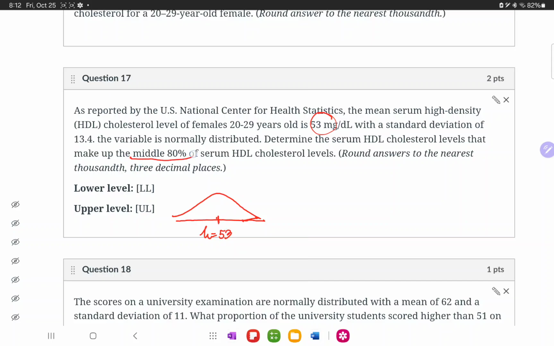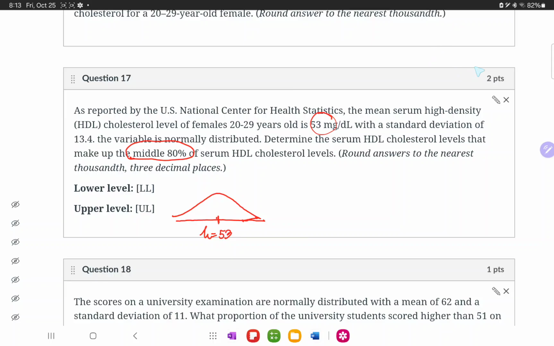And this middle 80% would be the area around the center point of this curve. All right. Now, because this curve is symmetrical, the middle 80% will also be symmetric about the center point.